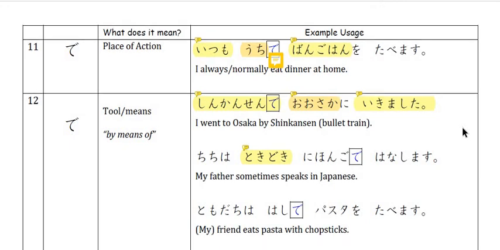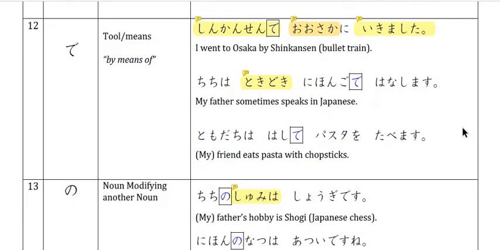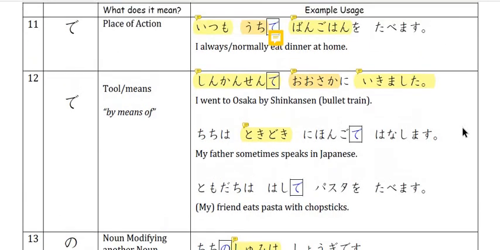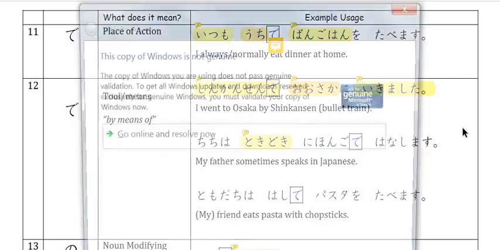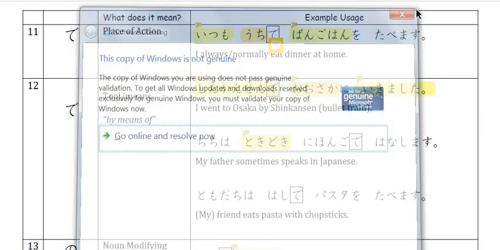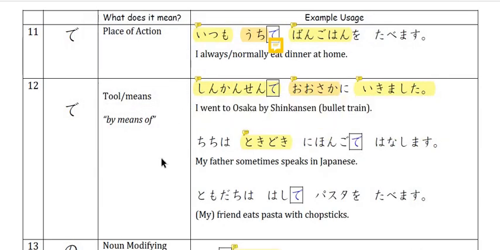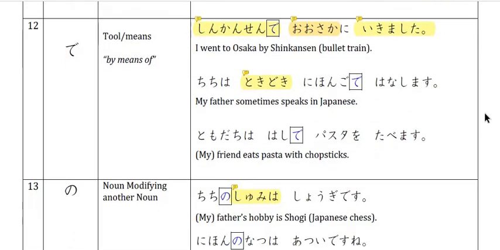Okay, so I hope you're getting what I'm saying. So you understood the two functions of this, right? First is to mark the place of action, and the second is to mark the tool or by means of. Okay, so we move forward with this.